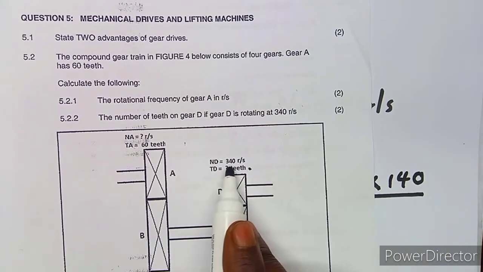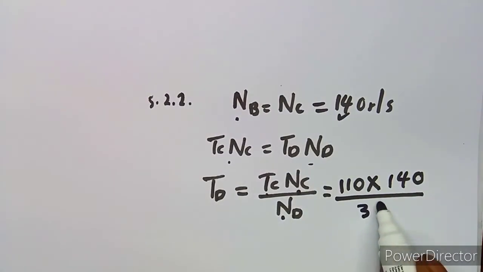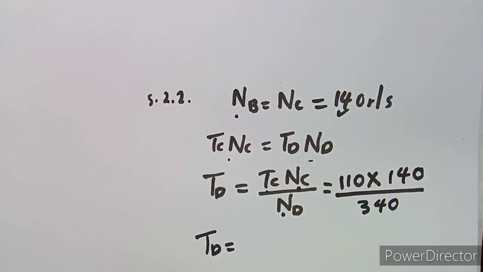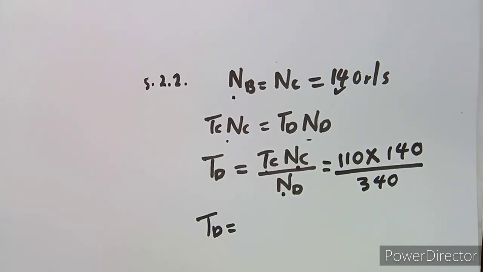On D, we are already given the rotating frequency, which is 340 revs per second. So that's 340 there. So the moment we do this, our TD is going to be this decimal, guys, but let's see how it's going to end. First, let's just write the decimal. That's 45.0. Is it 20? Is 2?